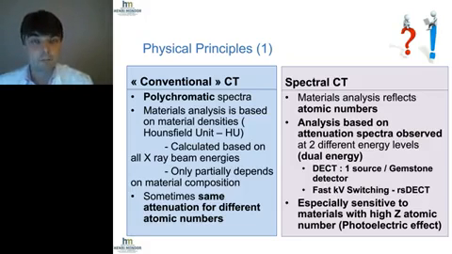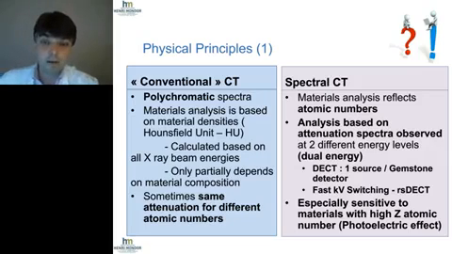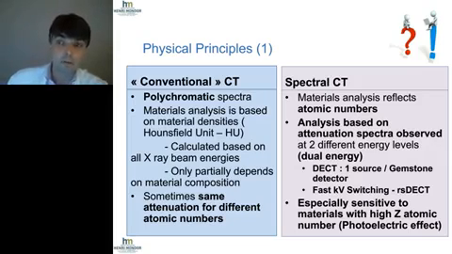But actually, the spectra is, as you know, polychromatic. What that means is the materials analysis is based on material densities, Hounsfield units, which only partially depend on the material composition. And actually, materials could have the same attenuation, although they have different atomic numbers.